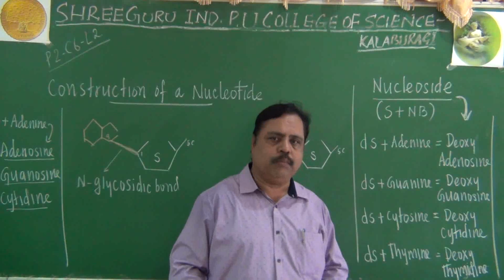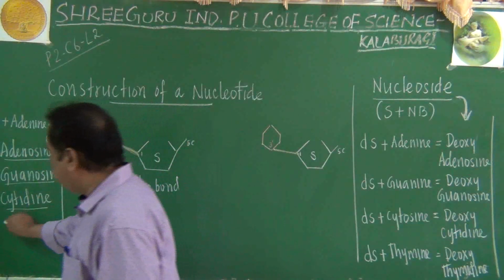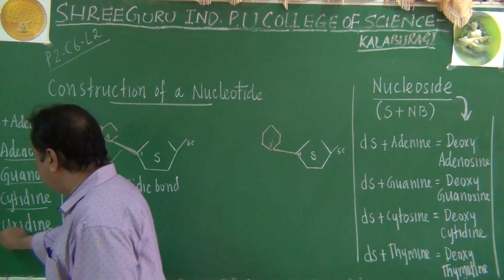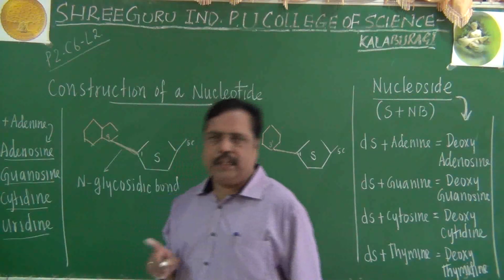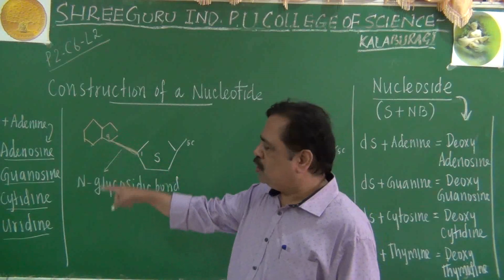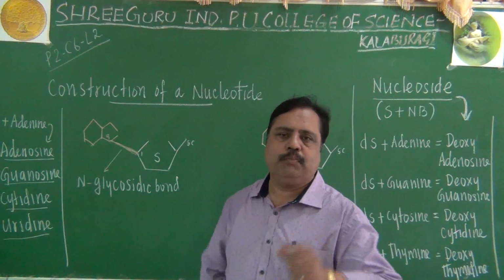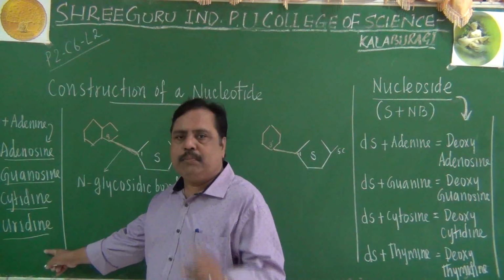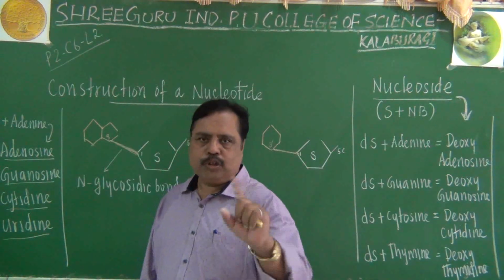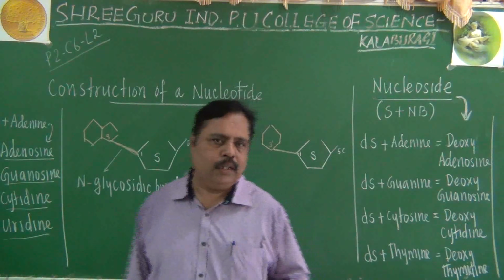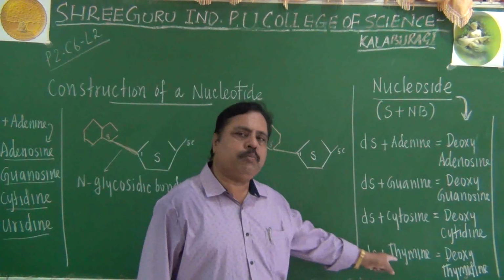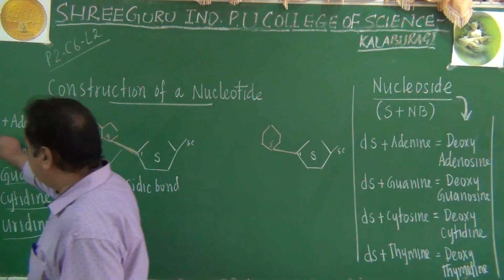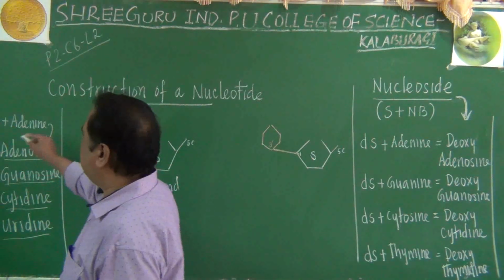Remember the difference. Then I can write uridine also. Uridine refers to a nucleoside where ribose sugar plus uracil base is present. Here remember, there won't be thymidine. Ribose sugar plus thymine cannot combine. Similarly, deoxyribose sugar plus uracil cannot happen. So these are the 4 types of nucleosides of RNA.